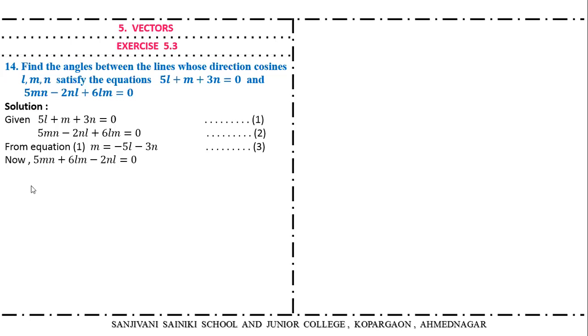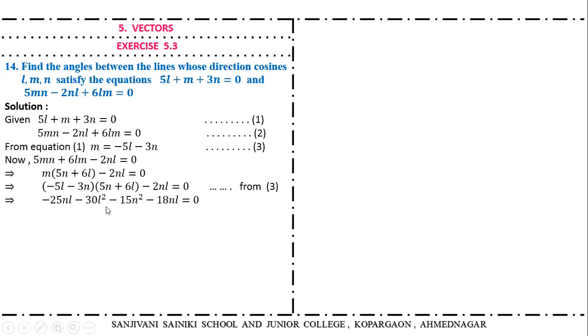Now the second equation is given, 5MN plus 6LM minus 2NL. I will put the value of M in this equation, simplify it and make the factors. So after multiplication, you will get minus 30L square minus 45NL minus 15N square is equal to 0.